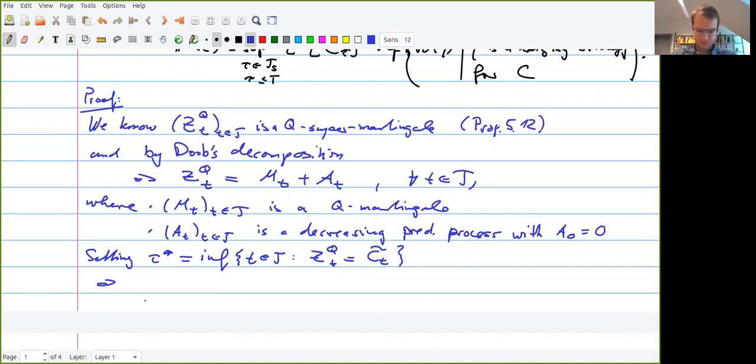Then we know, this is what we also have shown last time, that the stopped Snell envelope, so if I take my Snell envelope and I consider the stopped version of it with respect to the stopping time tau tilde, this is a martingale under Q. Right.